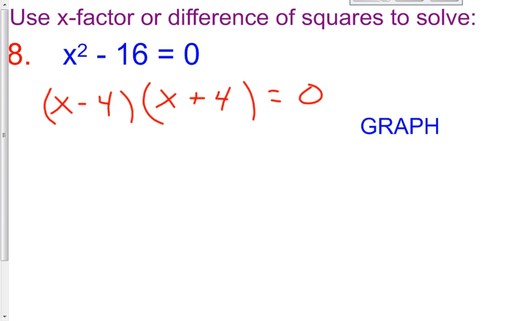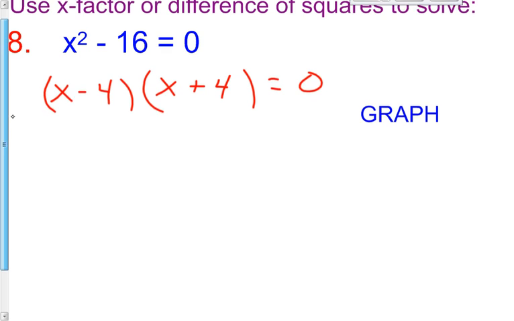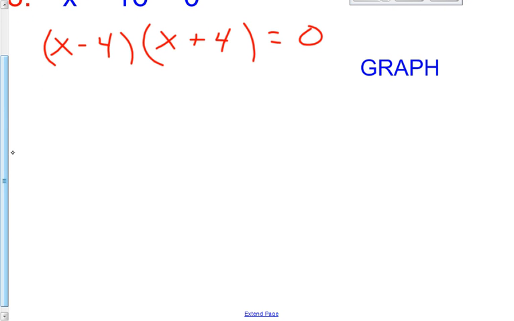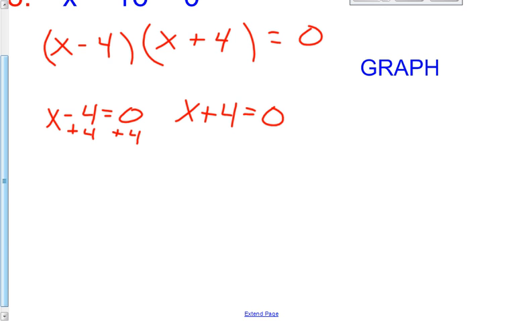These two quantities are also called conjugates, if you remember that term. So when we factor it to x minus 4, x plus 4, we know that both of these are factors that when they equal 0, that gets us our solutions. So adding 4 here, x equals 4. Subtracting 4 here, x equals negative 4.